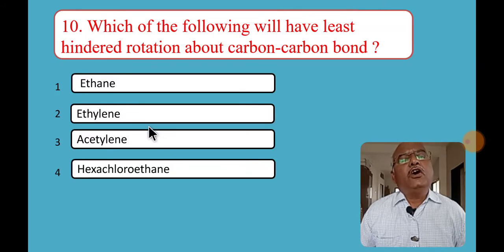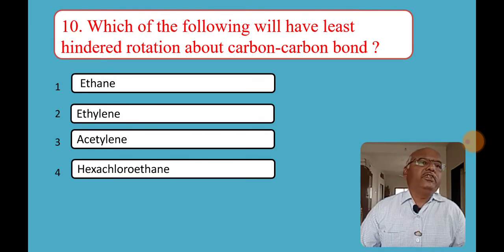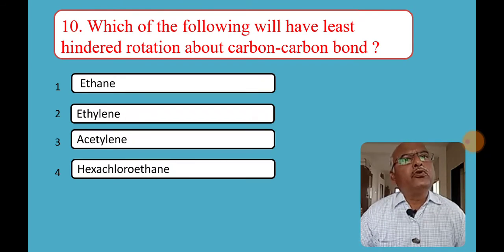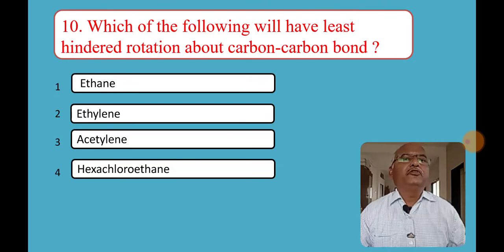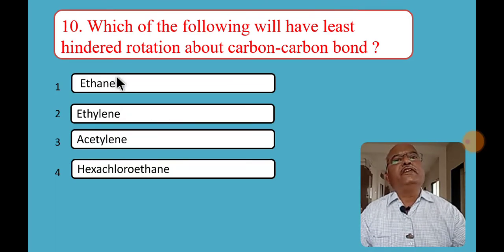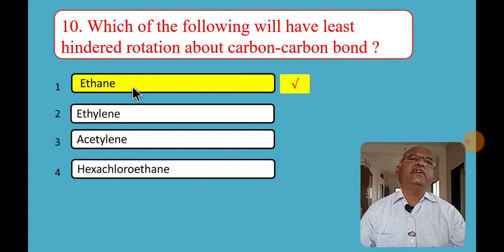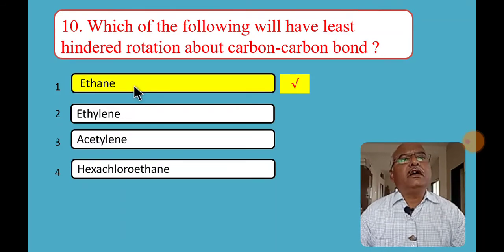The remaining options 1 and 4, that is ethane and hexachloroethane. In hexachloroethane, there are bulky chlorine atoms. Therefore, free rotation is not easily possible. So, the correct answer is ethane. Check your answer. Ethane. In ethane, there is less hindered rotation about the carbon-carbon single bond.